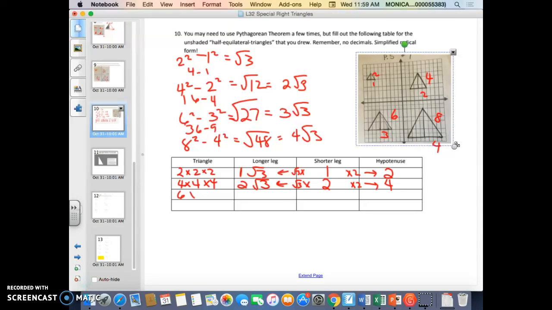So this was a 6 by 6 by 6, and we got 3 square roots of 3, and this shorter leg was 3, and so then the hypotenuse is going to be 6. And then an 8 by 8 by 8, this would be 4 square roots of 3. The shorter leg is 4, and the hypotenuse is 4 times 2, which is 8. And so that's the relationship that we're looking at.